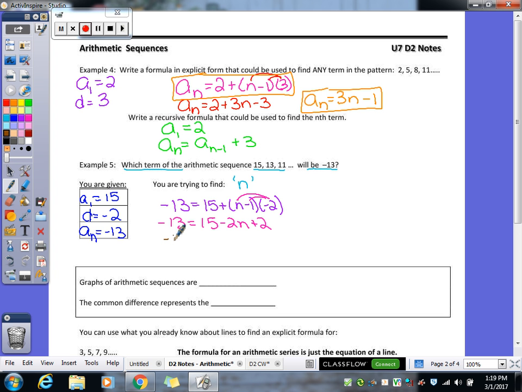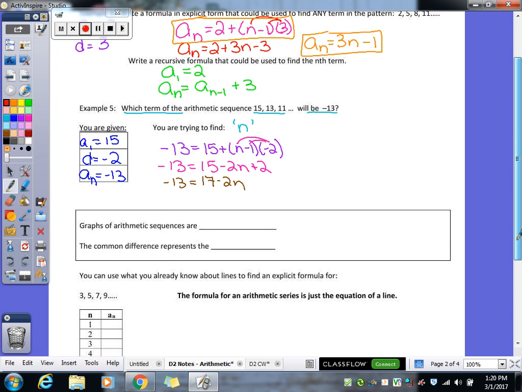Combine our 15 and our 2, and what do we get? 17. So we got negative 13 equals 17 minus 2n. So what do we want to do next? Subtract the 17. So negative 13 minus 17.